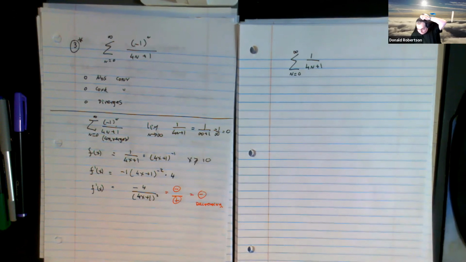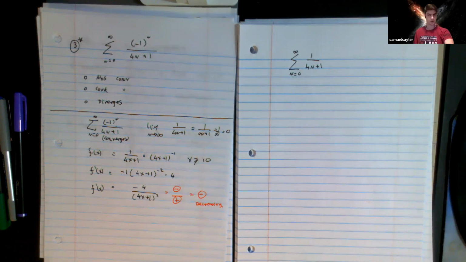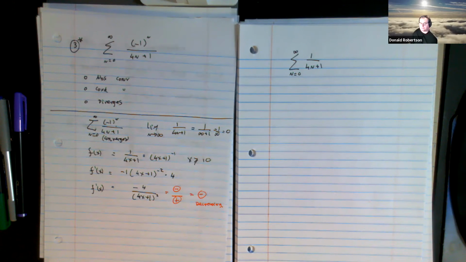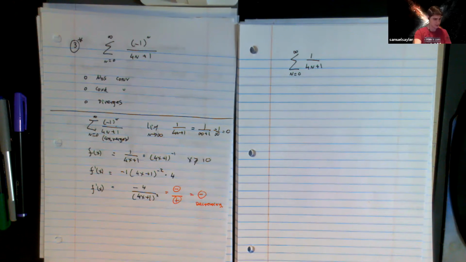How to test it? Just do P series. Comparison test to a P series, I agree. If that's what you mean, yes. Is that what you mean? I was just saying P series, but I'm looking at my notes.